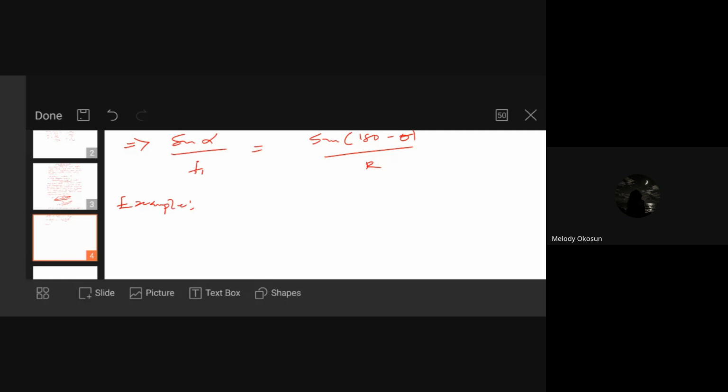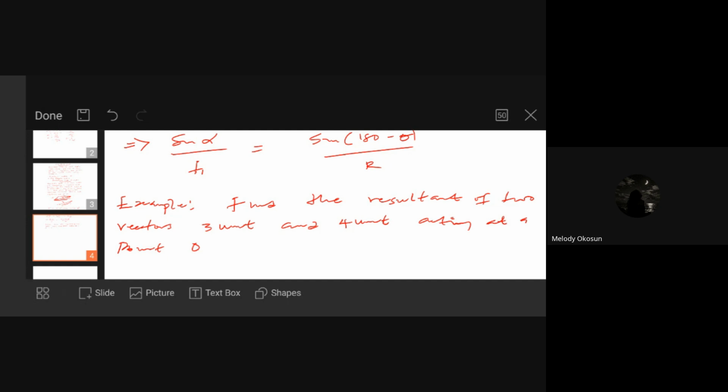They said, find the resultant of two vectors, 3 units and 4 units, acting at a point O at an angle 45 degrees with each other.